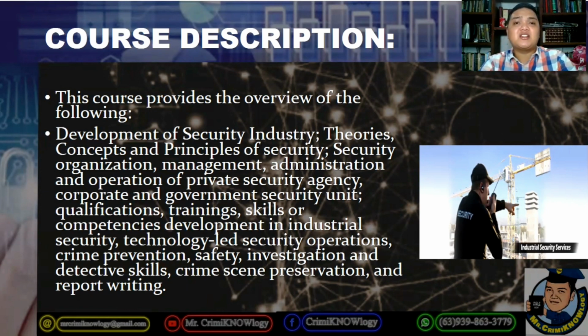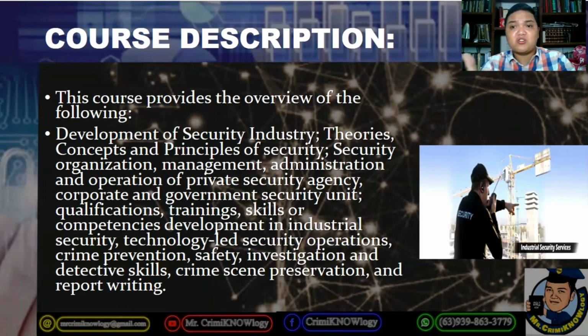It is good to know that one of the major professions that we can explore in this course is the security profession, specifically the industry like the hotels, the banks, the businesses, and other establishments wherein everybody needs security nowadays. Also, we'll be talking about the corporate and government security units. There are different units in terms of providing security.